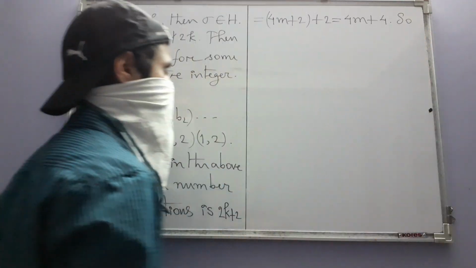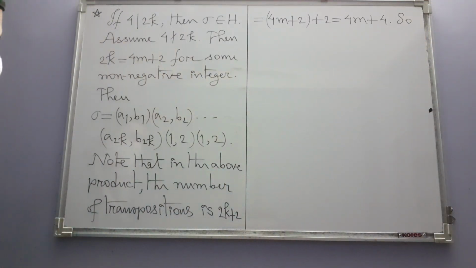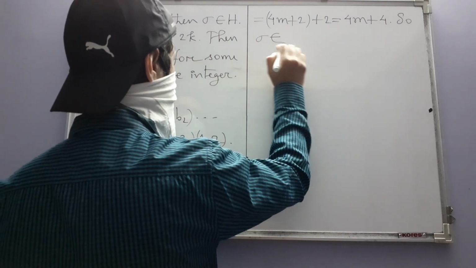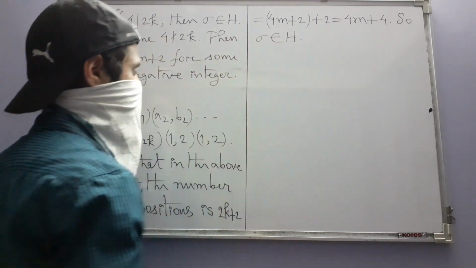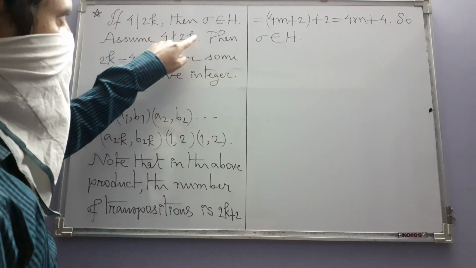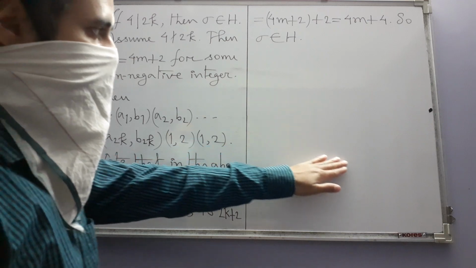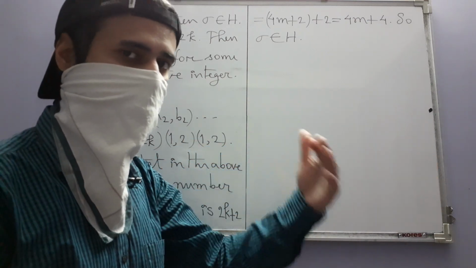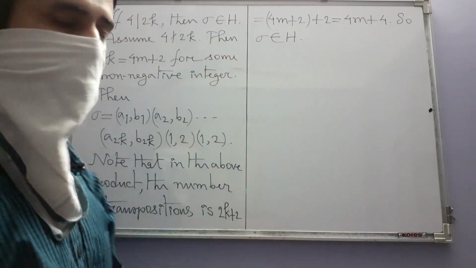So by the definition of capital H, sigma belongs to capital H. So we have shown that no matter what the case is, sigma, which was arbitrarily chosen to be an even permutation that is coming from An, now belongs to H.